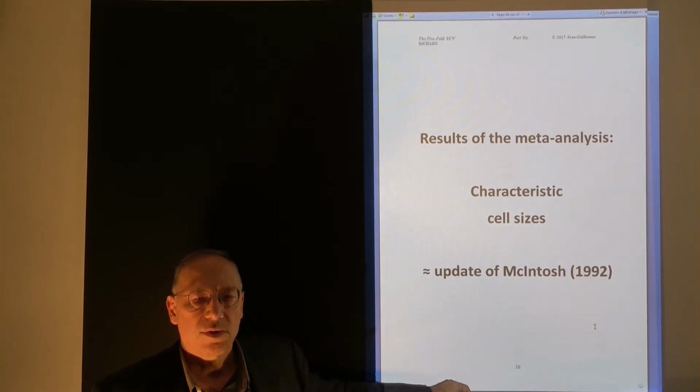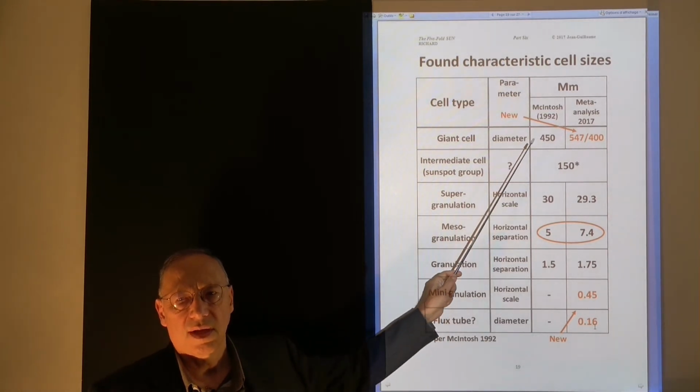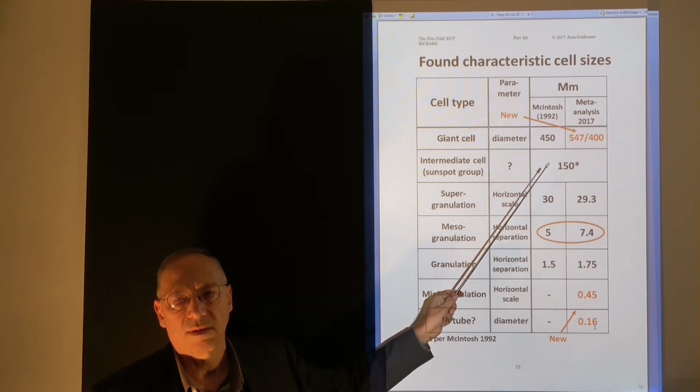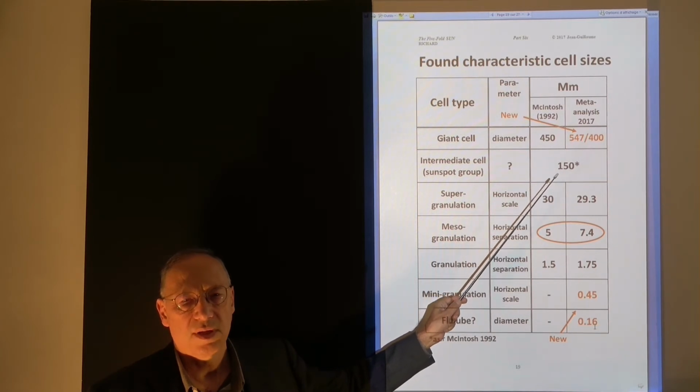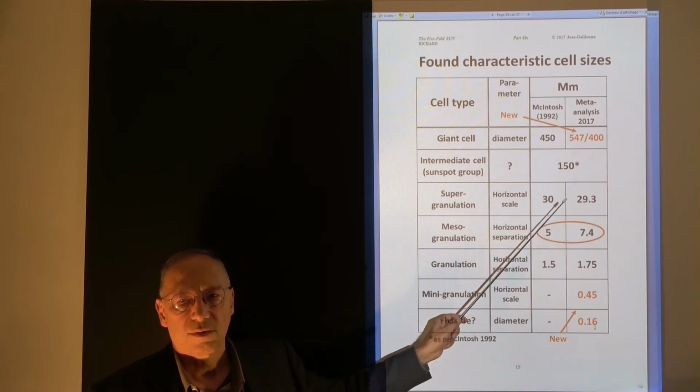So we can now put together these new estimates and try to update the numbers proposed by Mackintosh more than 2 decades ago. We see that for the giant cell, what is new is that we have a bimodal distribution, otherwise it is approximately in line with Mackintosh. We keep his estimate for this cell scale. Supergranulation, not much of a change.